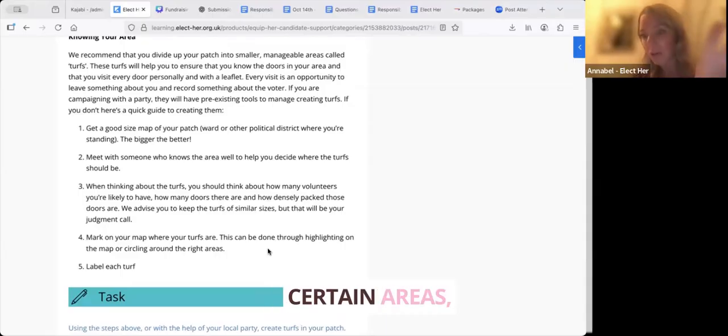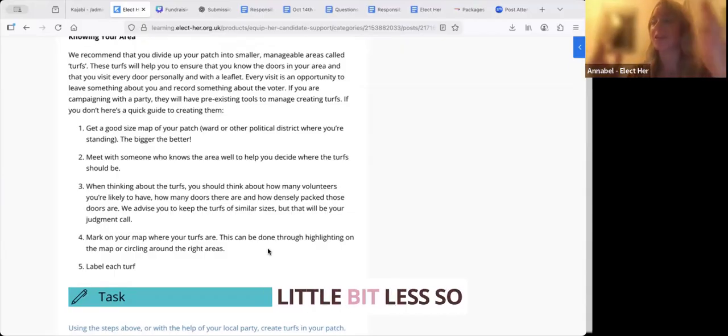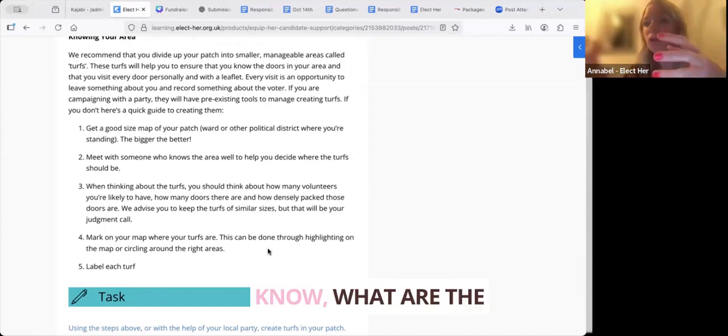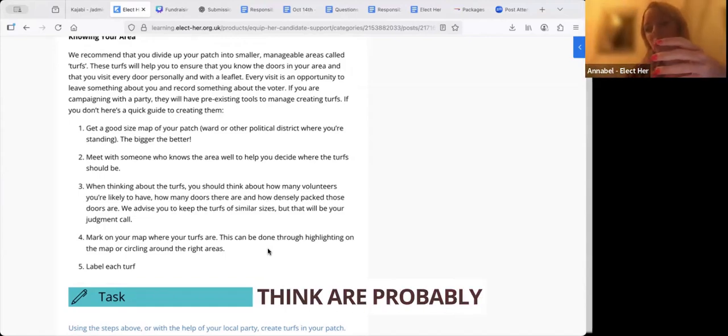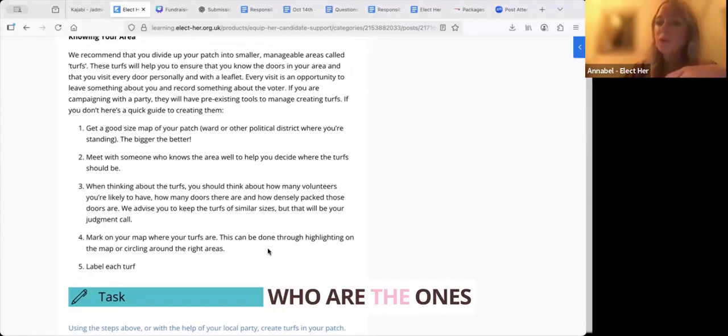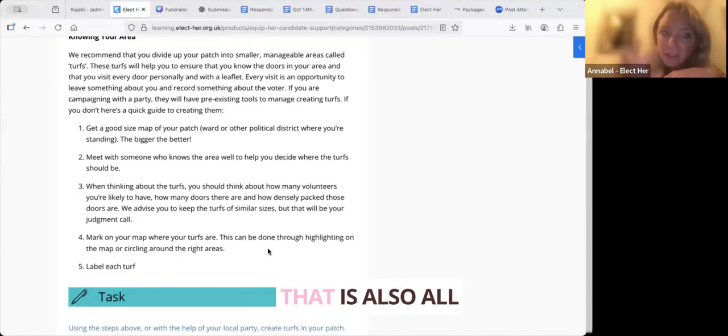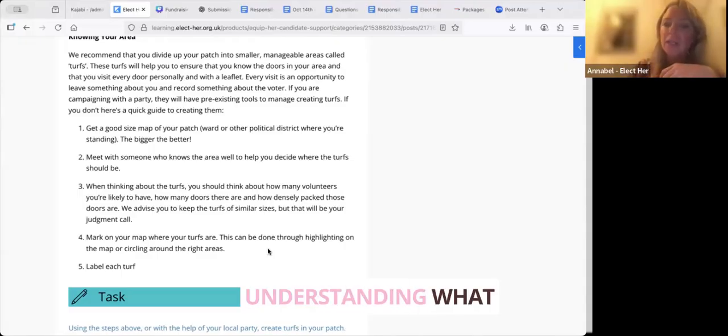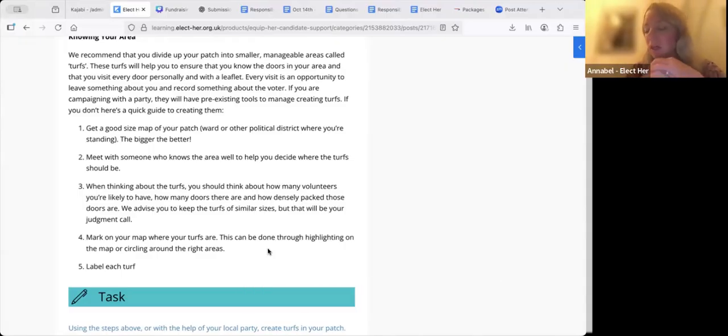If you're in certain Labour areas, that is definitely going to happen, and they're embedded. They used to be a little bit less so now. But what are the types who you think are probably more likely to vote for you? Who are the persuadables, the people who are going to come your way? What does that look like? That is also all about understanding what is in your area.